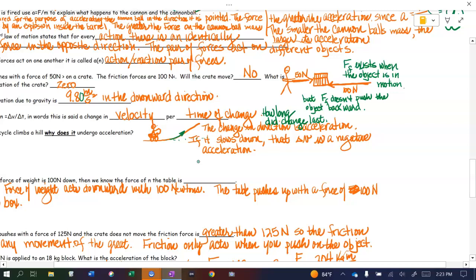If the object slows down going up the hill, depending on how you interpret this question, that delta V is acceleration, but it's a negative acceleration. Slowing down is a negative acceleration, but it's still an acceleration.